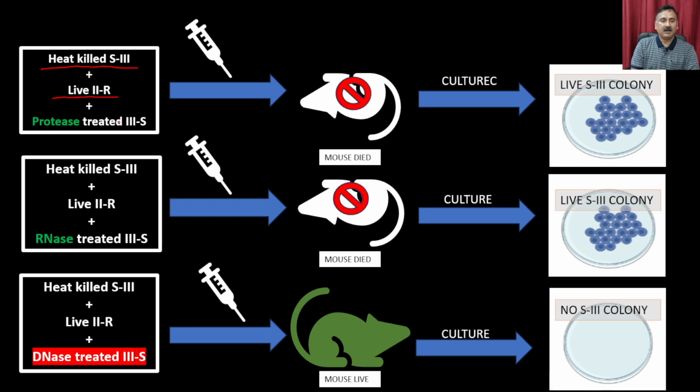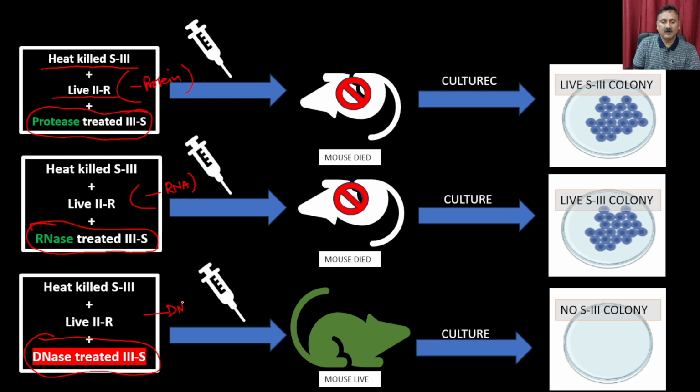They treated the heat killed bacteria either with protease, or with RNase, or with DNase. So in the first reaction you have removed the protein, in the next you have removed the RNA, and in this reaction you removed the DNA.